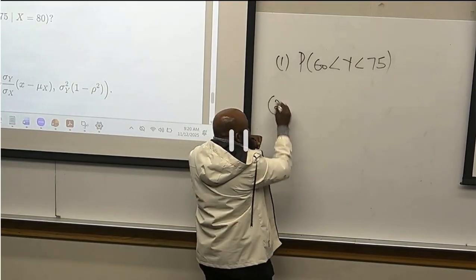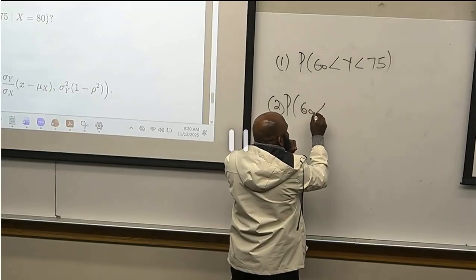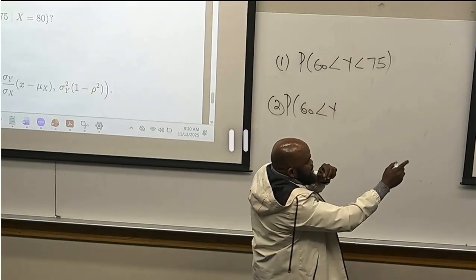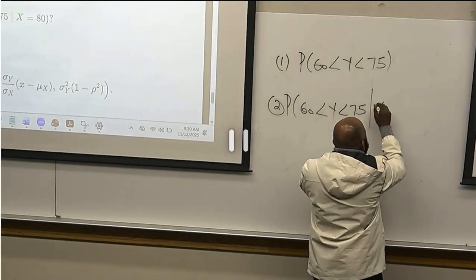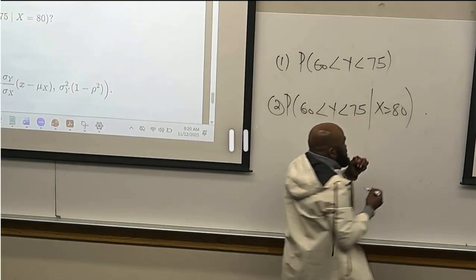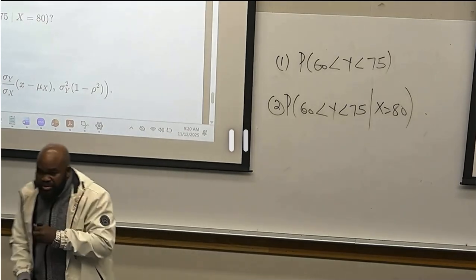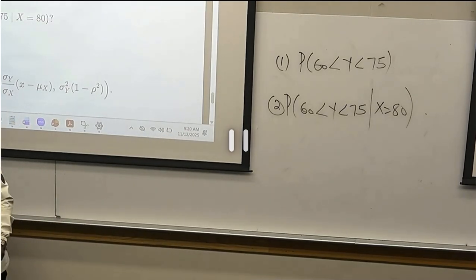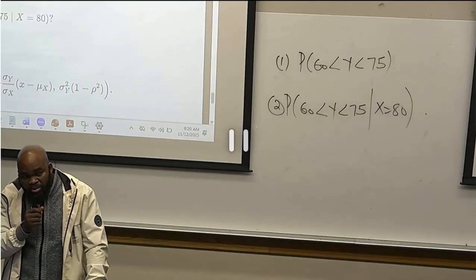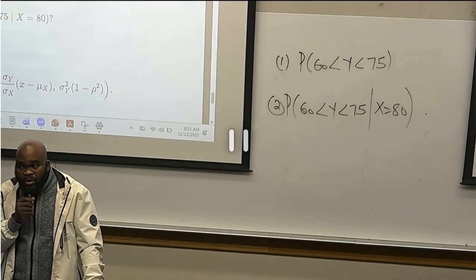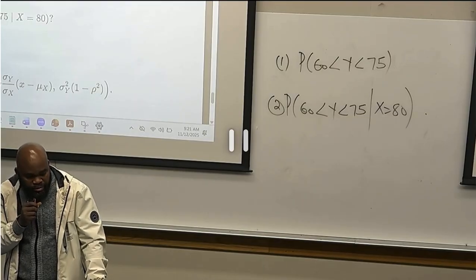The second question is going to be conditional, Y given X equal to 80. So in question 4, you'll be given two different questions: the first is the unconditional one, and the second is the conditional one.